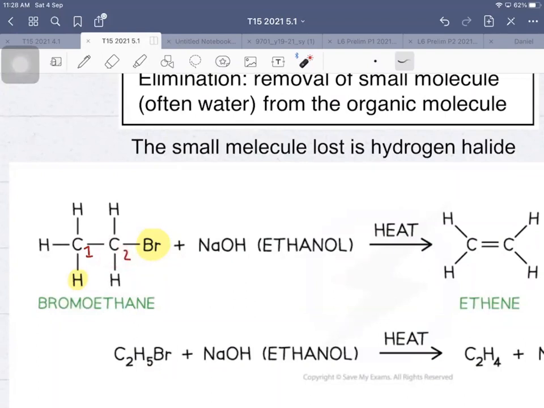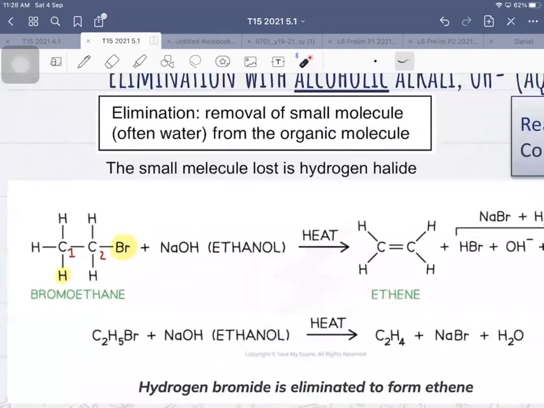So if you imagine you lose the bromine from carbon number 2 and the hydrogen from carbon number 1, each carbon now only has 3 bonds and they need 4 bonds. The 4th bond is the double bond being formed between the carbon-carbon atoms. So this is the case where you turn your halogenoalkane into an alkene in an elimination reaction.